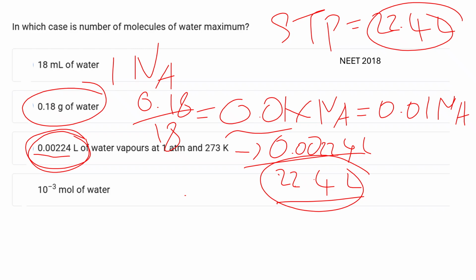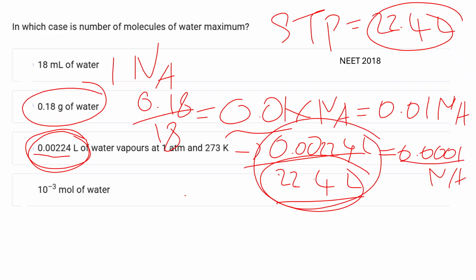So how many water molecules are there in the gaseous state? We can find from this ratio. If we take this ratio, the answer would be 0.0001, which is the number of moles, so 0.0001 Na. This is very less, 10 to the power minus 3 moles. Very simple, moles multiplied by Avogadro's number gives the number of molecules.